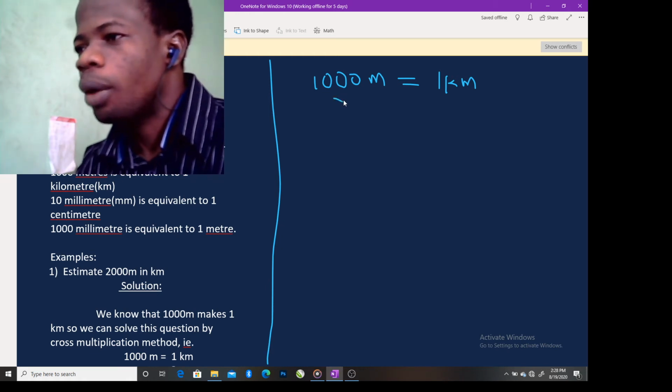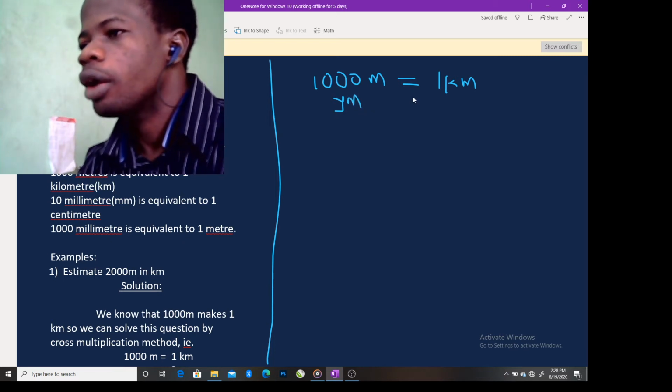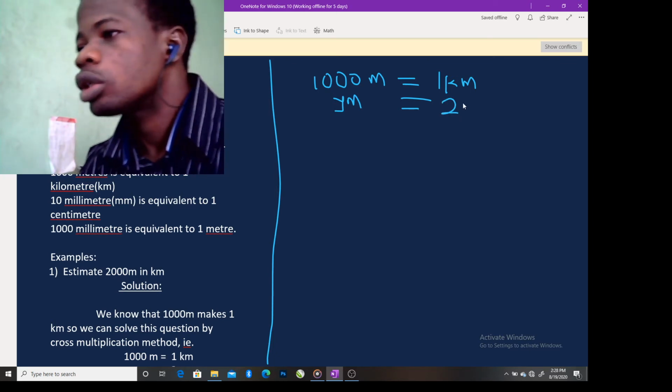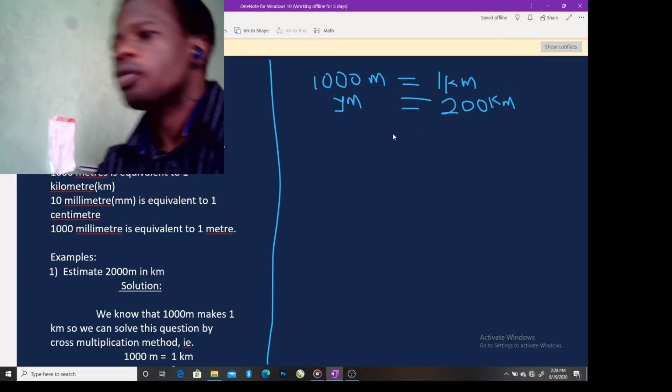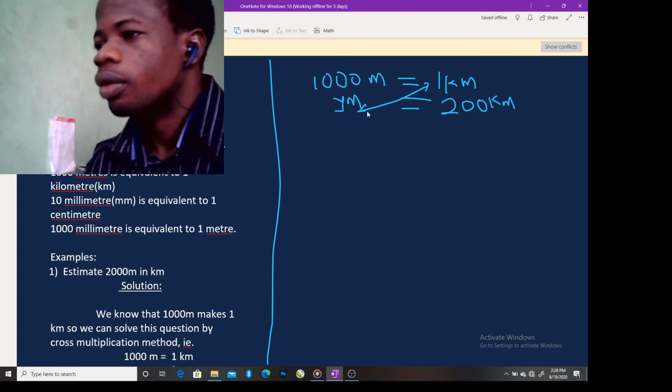So I will have my y meters here. I don't know how many meters will give me 2,000 kilometers. I said before, our cross multiplication method will be perfect, and this one, cross multiply.